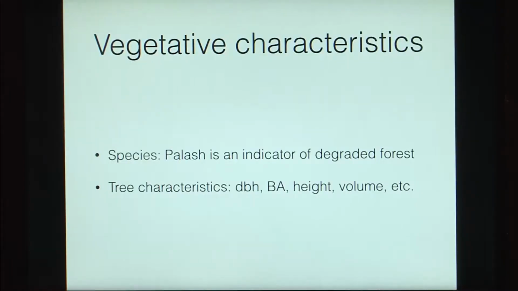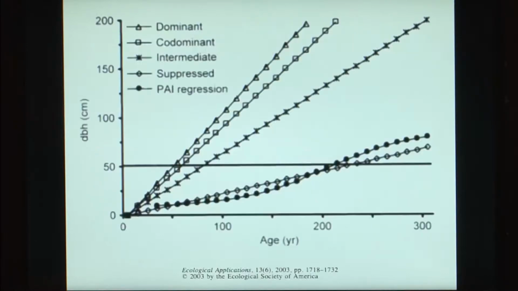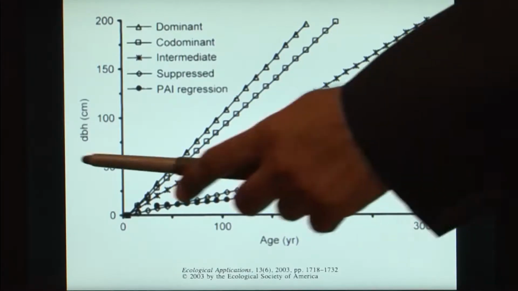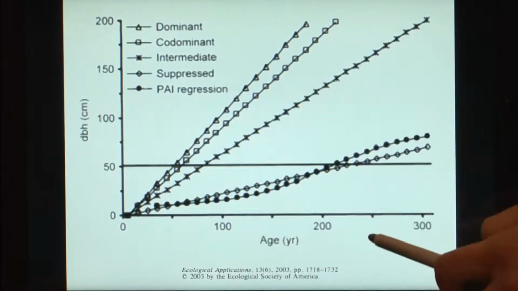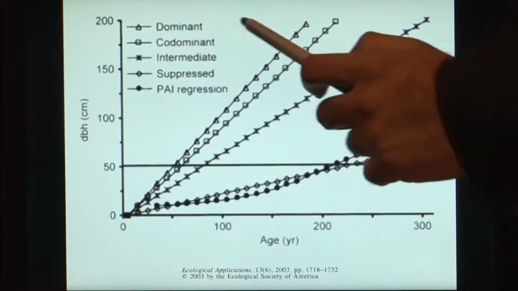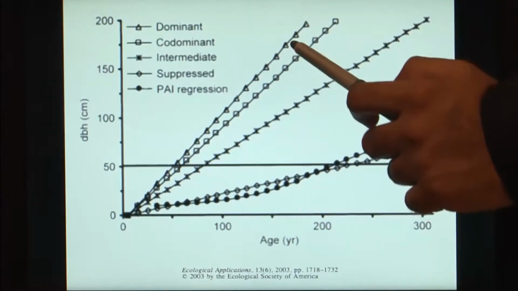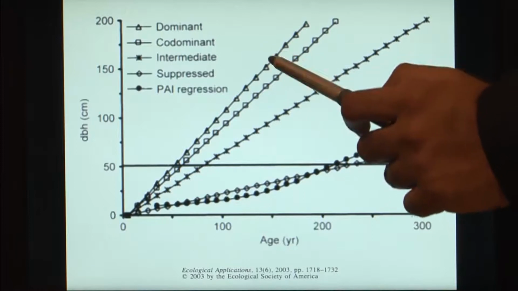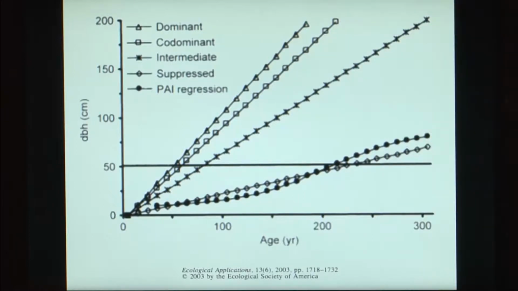So, coming back to the slides, we can see a number of tree characteristics to measure these vegetative characteristics, such as diameter at breast height, the basal area, the height, the volume and so on. So, even inside a forest, if we look at the diameter at breast height as it varies with the age, here we can see that in the case of a dominant tree, a dominant tree is one which is on top of the canopy and it is receiving sufficient amounts of sunlight.